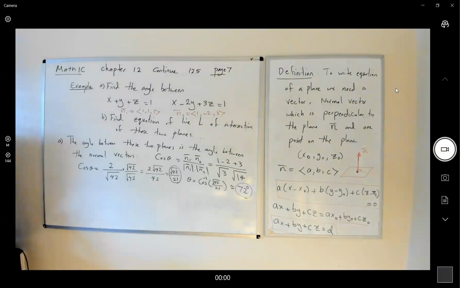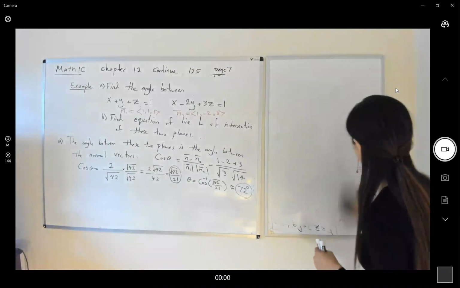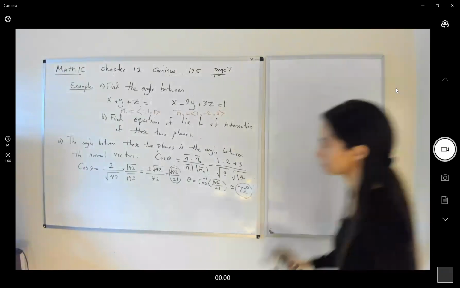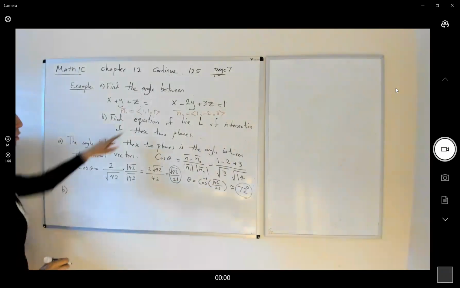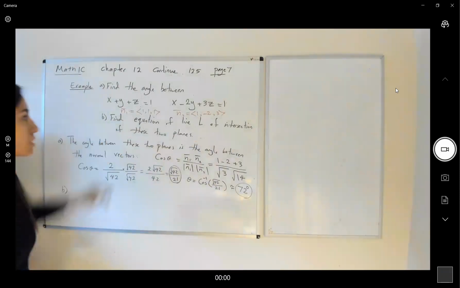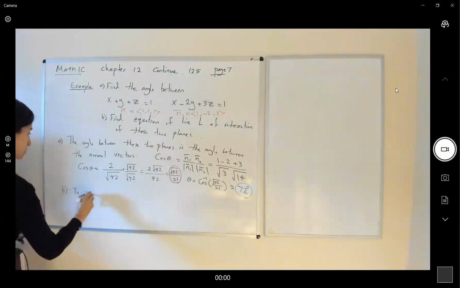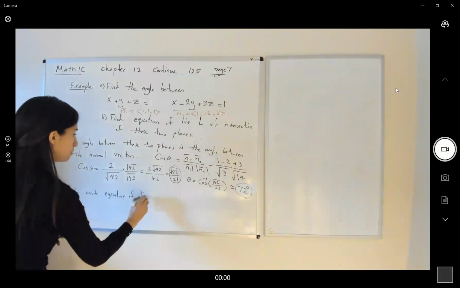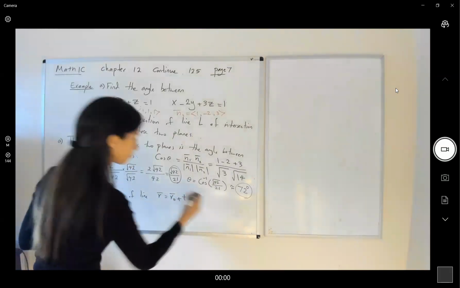Okay, let us solve part B. For part B, we want to find the equation of the line L, which is the actual intersection of these two planes. To write the equation of a line, r equals r sub 0 plus t times v, what do we need?